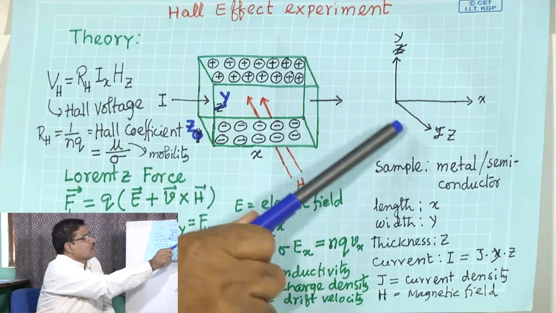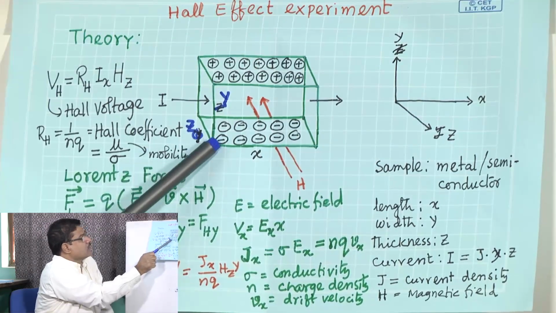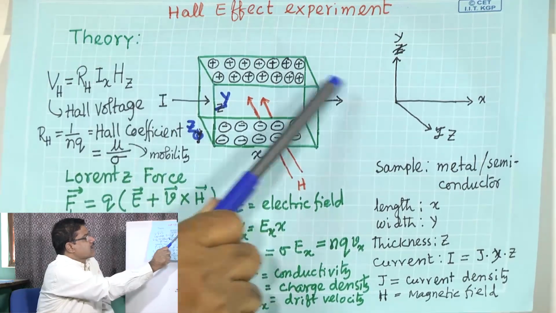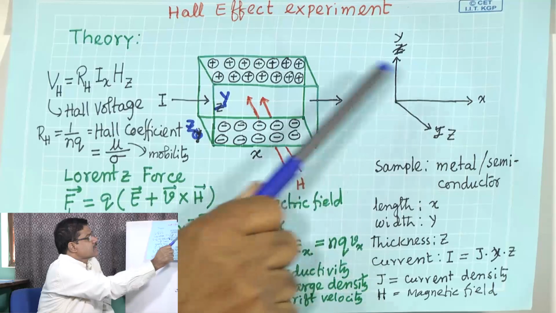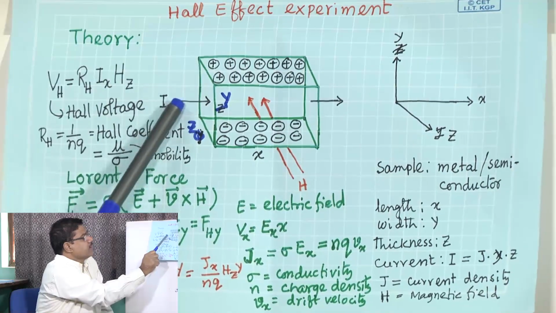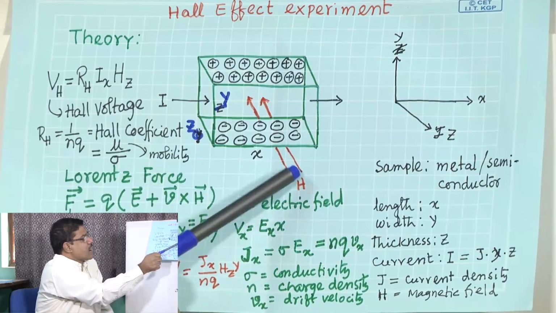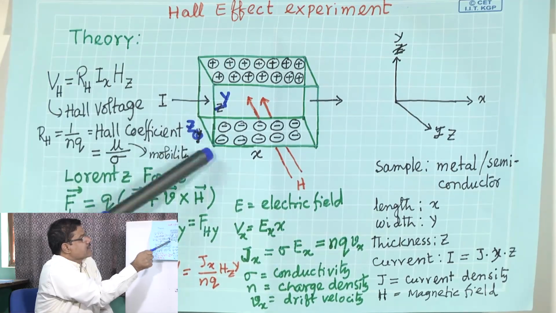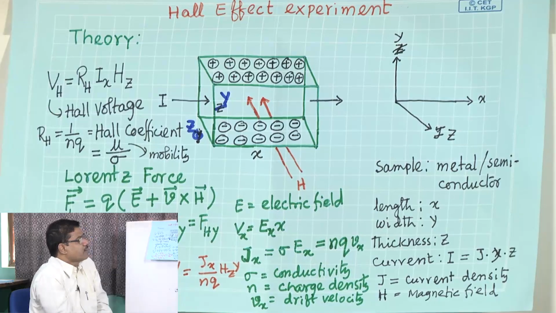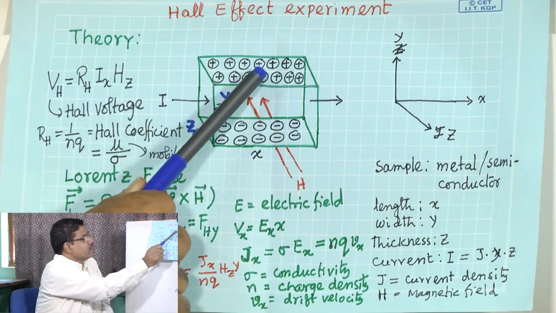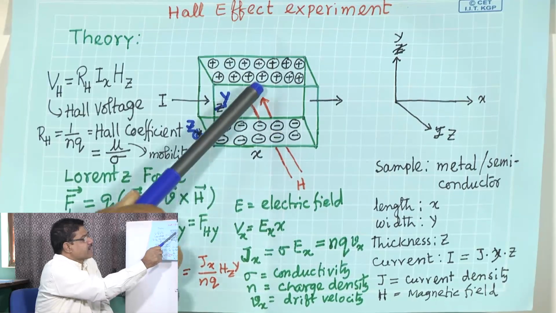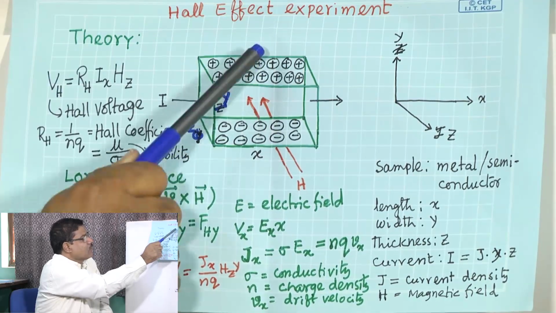If a constant current I flows along the x direction, and a magnetic field is applied along the z direction, then a voltage or electric field will develop along the y direction.